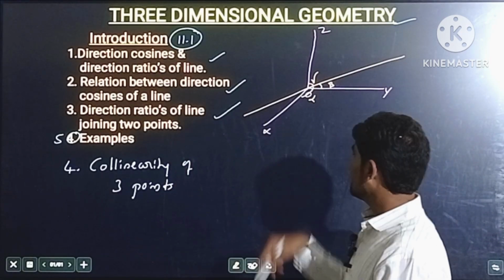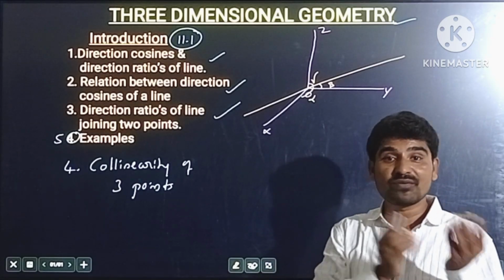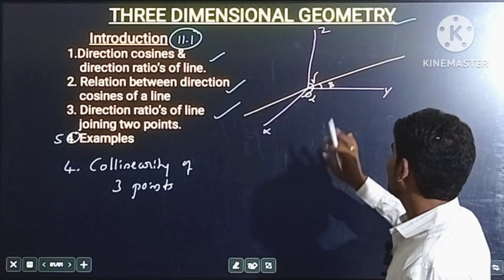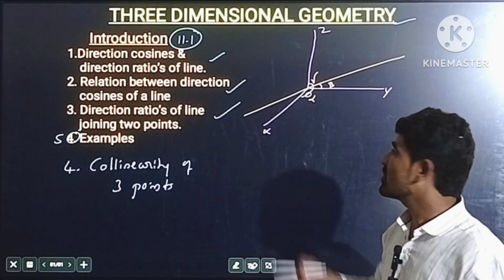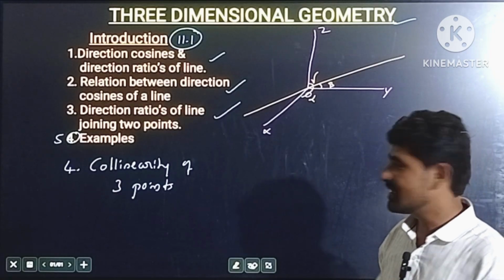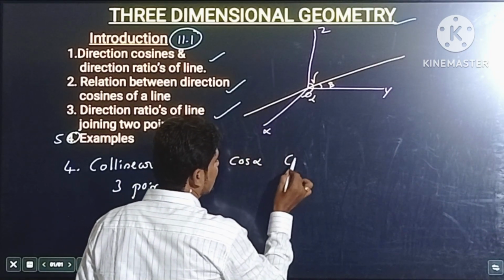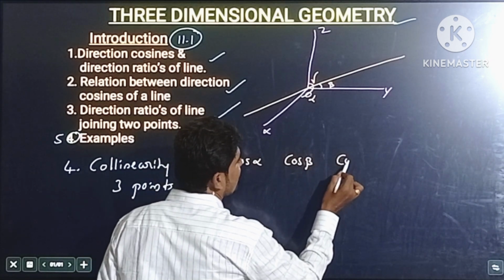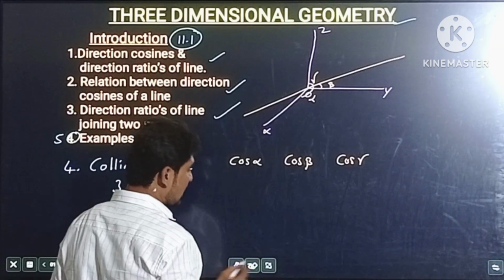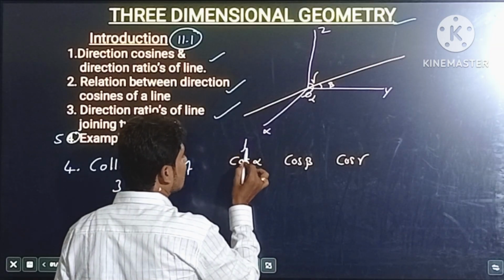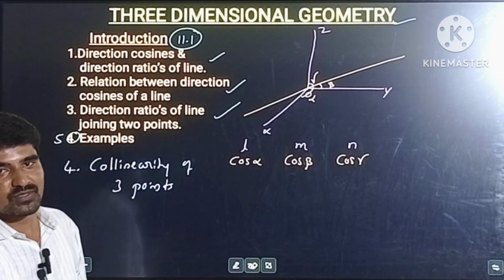These angles made by the line with the coordinate axes are called direction angles, which you already know from the vector algebra chapter. Here the direction angles are alpha, beta and gamma, and hence the direction cosines are the cosines of the direction angles, that is cos alpha, cos beta and cos gamma. These are the direction cosines of the line, and they are denoted by l, m, n, already studied in your vector algebra chapter.